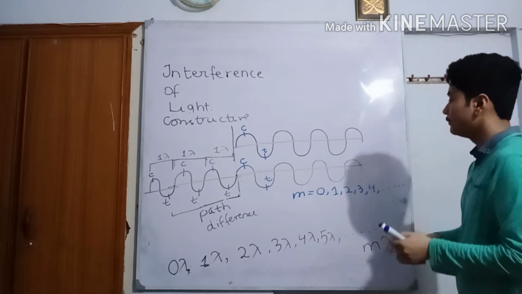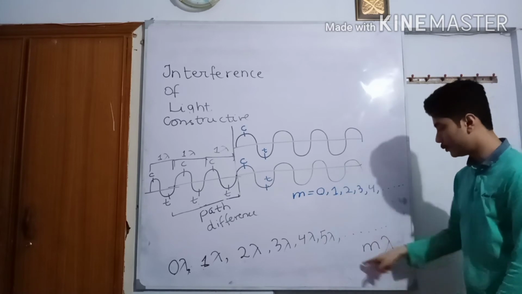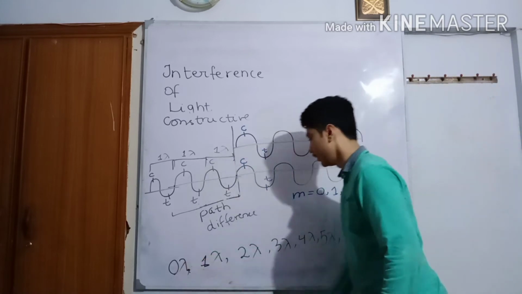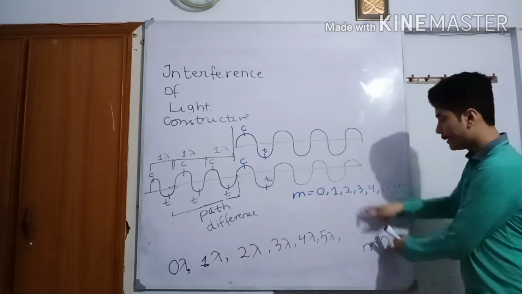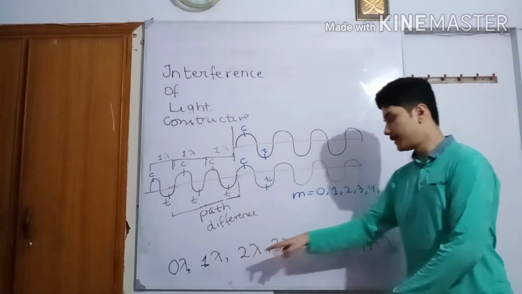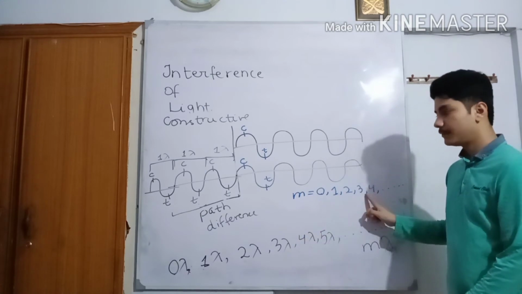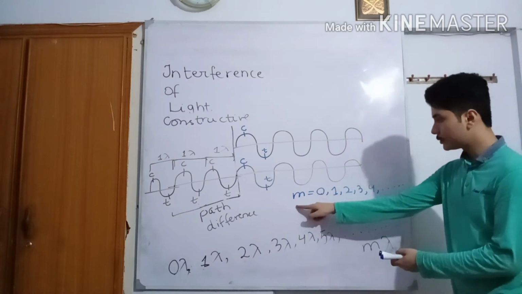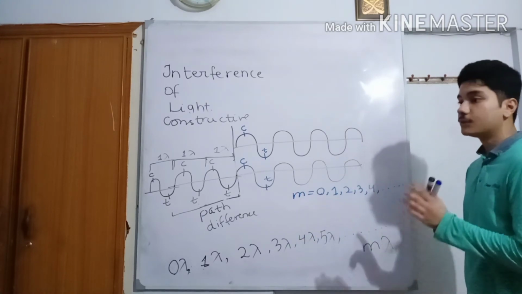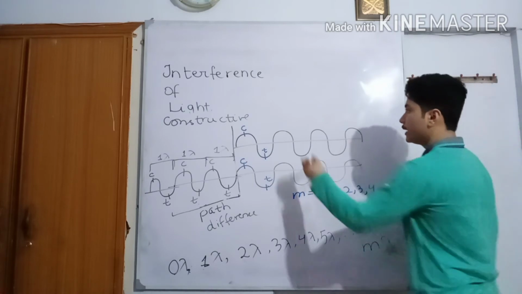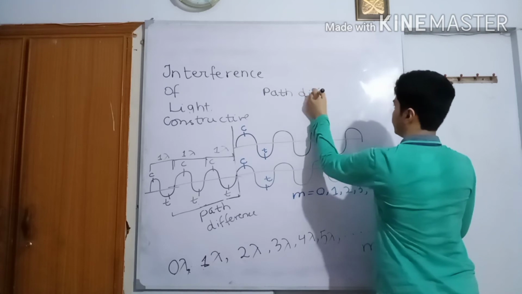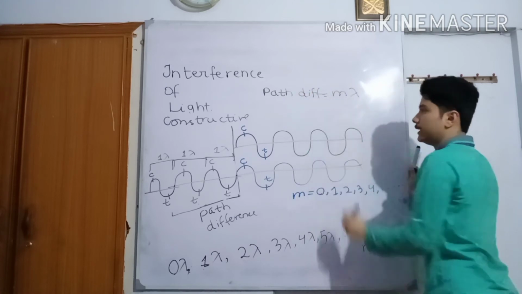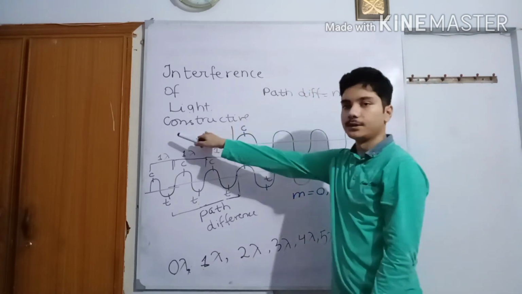When m is equal to 0, the whole factor is 0 lambda. When m is equal to 1, it is 1 lambda. When m is equal to 2, there will be 2 lambda. There will be 3 lambda when m is equal to 3, and when m is m, there will be m lambda. So basically, when path difference becomes m lambda, the interference is said to be constructive.